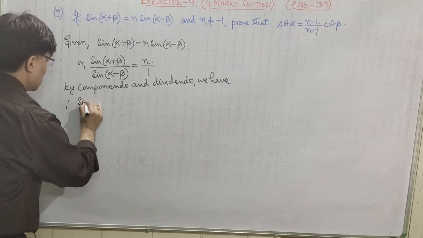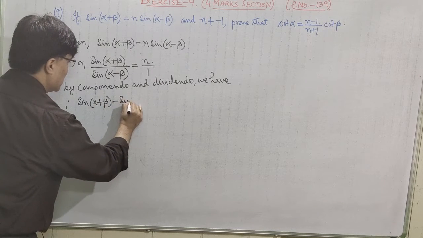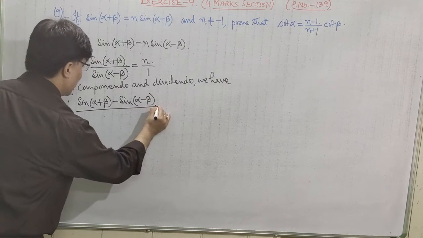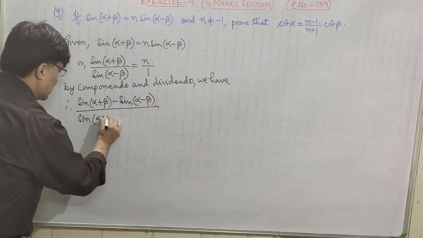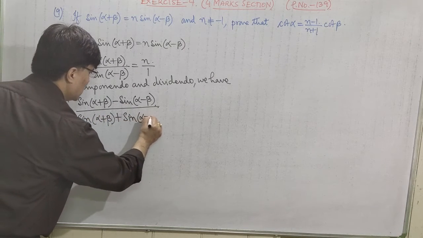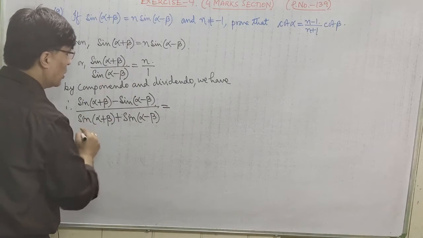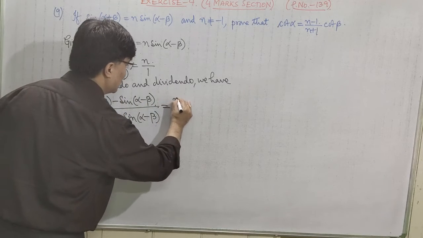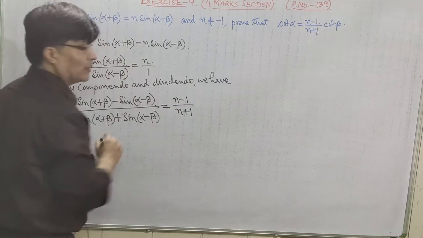So it is sine of alpha plus beta minus sine of alpha minus beta divided by numerator plus denominator, that is sine of alpha plus beta plus sine of alpha minus beta, which is equal to, on the right hand side you should write numerator minus denominator, that is n minus 1 divided by n plus 1.